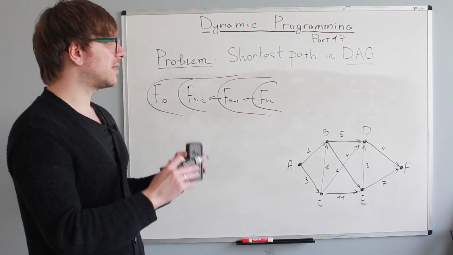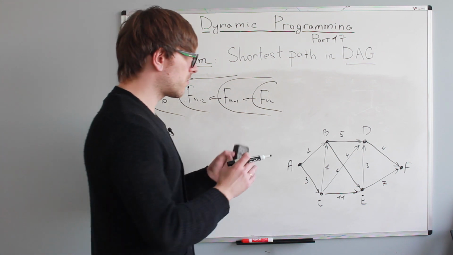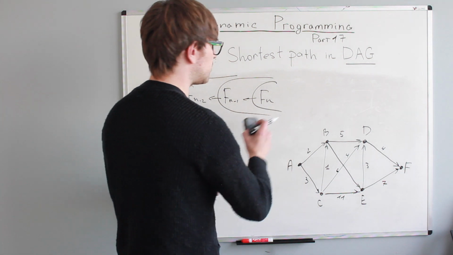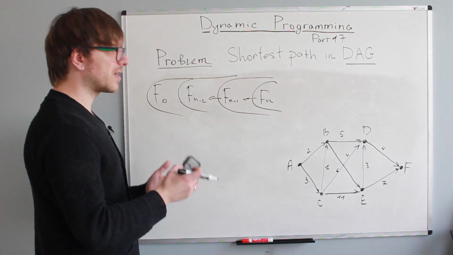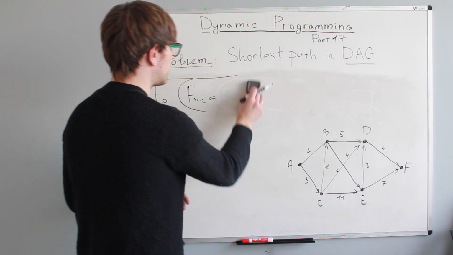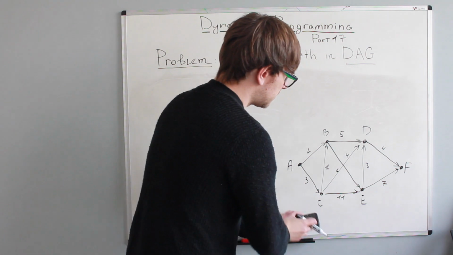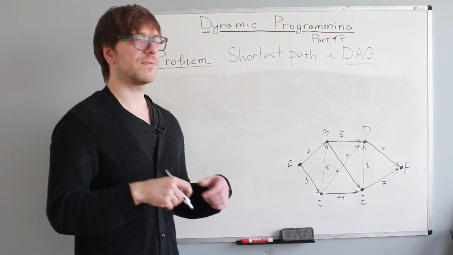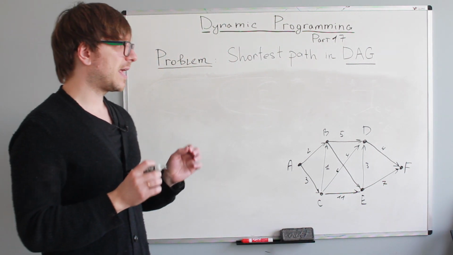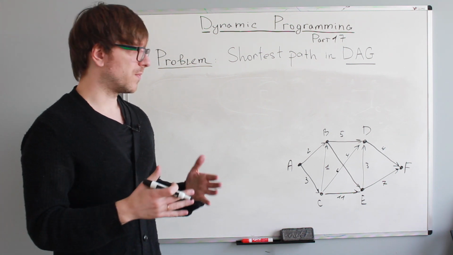And this is why I decided to pick this problem, because there is some sort of trick or thing that you have to do before you can apply dynamic programming. And this is the thing that I would like you to learn about today, okay? So when you're trying to solve a problem that does not have a specific order, then you have to create that order, okay?